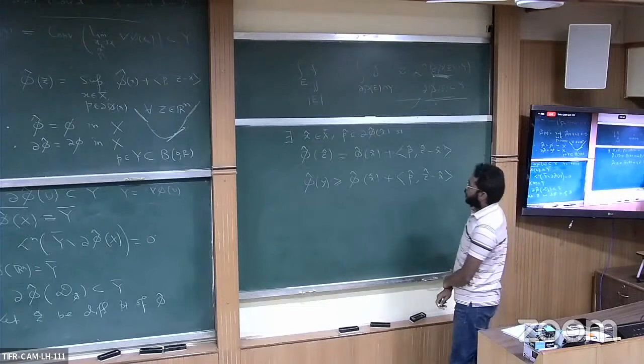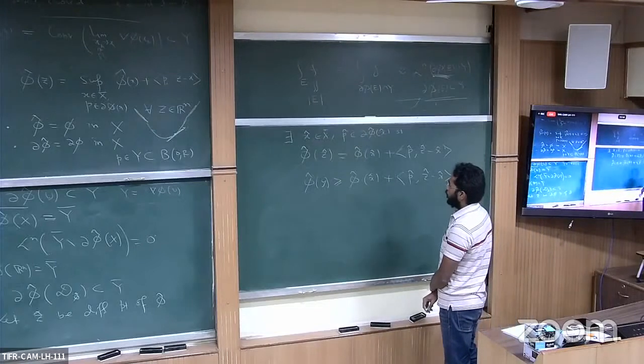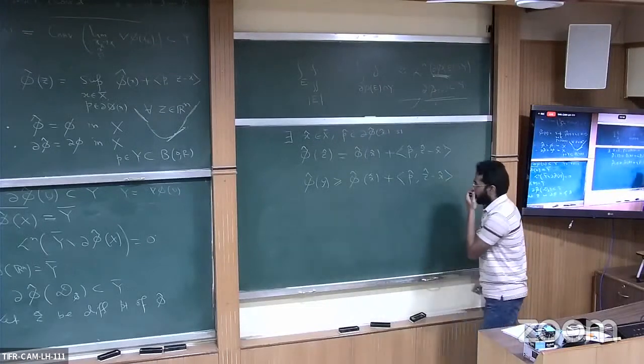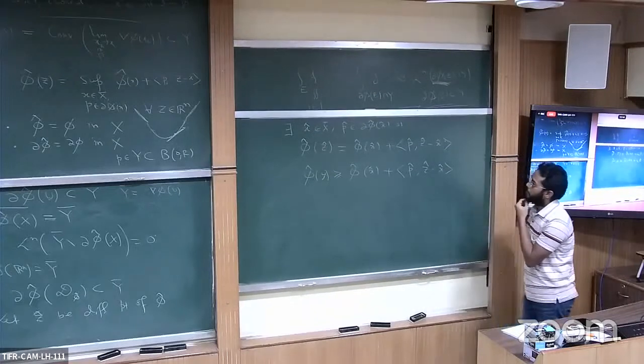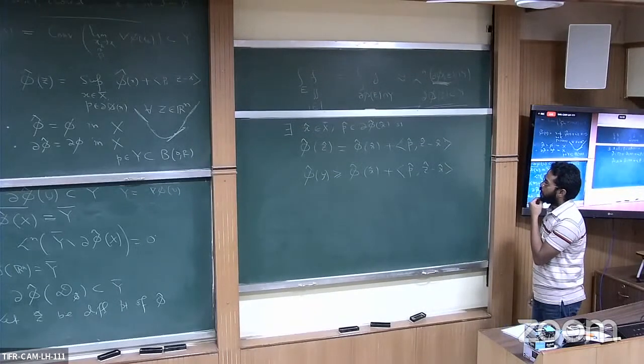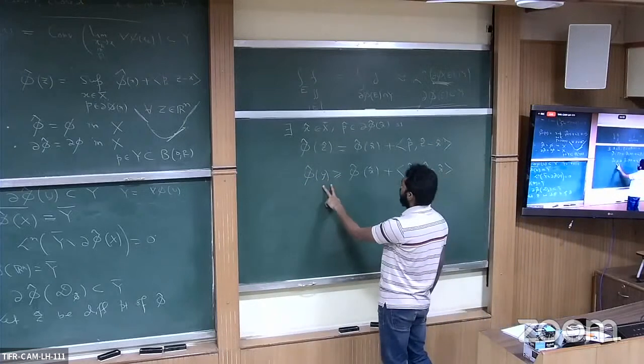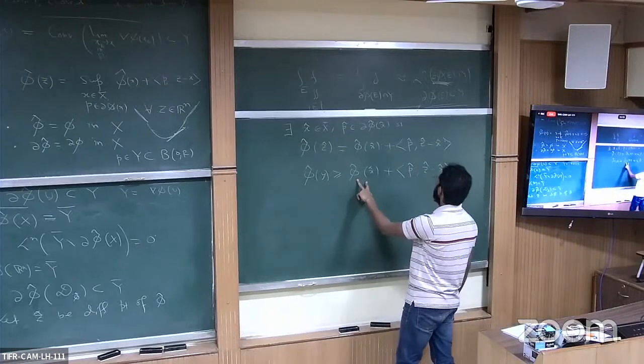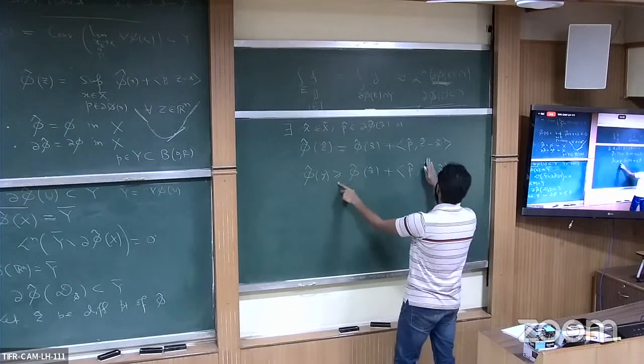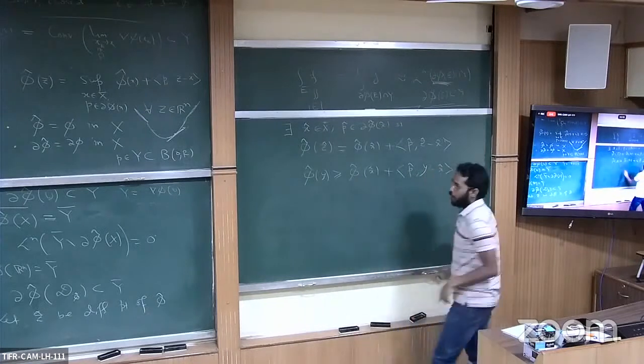So p hat is in the subdifferential at x hat, right? All right. Okay. Yeah. So this is true for every y, right? Now from this, if I replace this, sorry, y minus x hat.